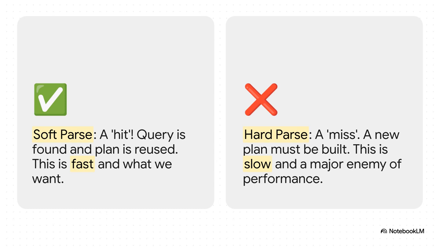This is the express lane. The database finds the old plan, reuses it, and it's super fast, super efficient. But if the answer is no, we hit a hard parse, and that is a performance killer. The database has to stop everything and build a brand new execution plan from scratch. It's slow, it eats up resources, and it's public enemy number 1 for performance.